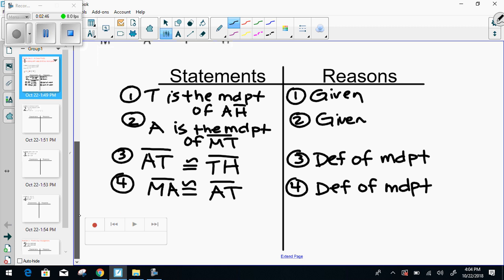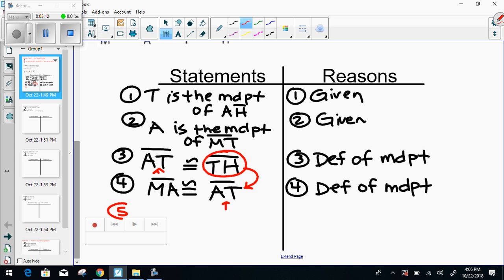If you take a look at lines 3 and 4, you can see that AT is congruent to TH, and AT is also congruent to MA. So these pieces are matching. You can substitute TH in for AT because AT is equal to that.